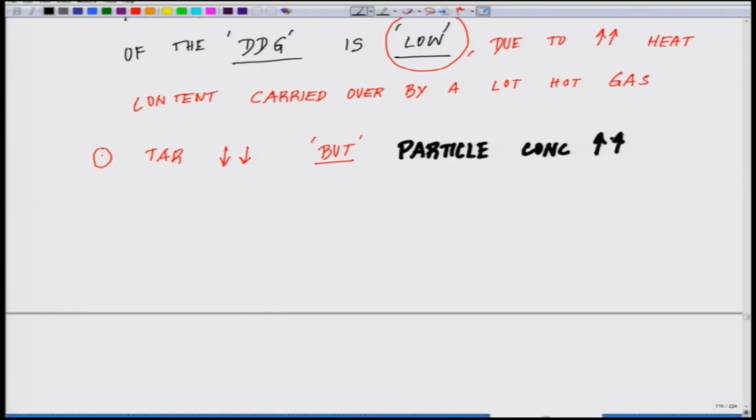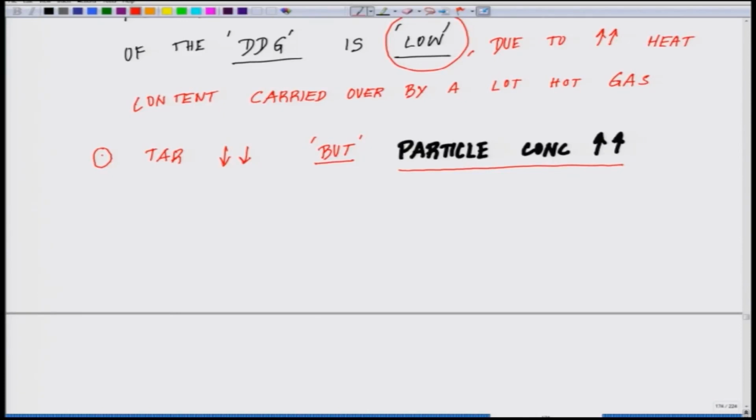So, on one hand you are getting a lower tar level, but you are simultaneously increasing the particle concentration. So, it is always a very big trade off. And there is a huge amount of ash which is created in the system.